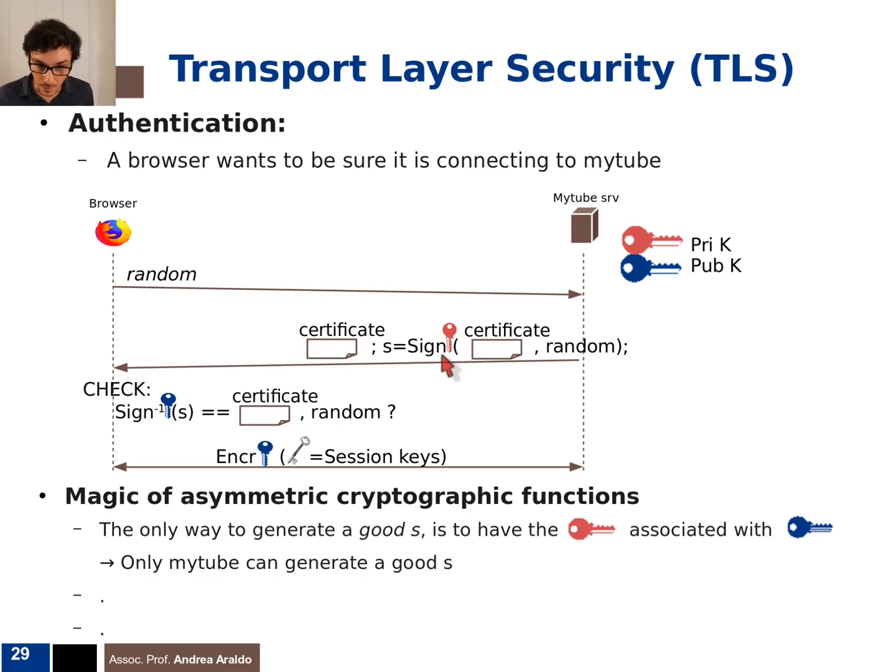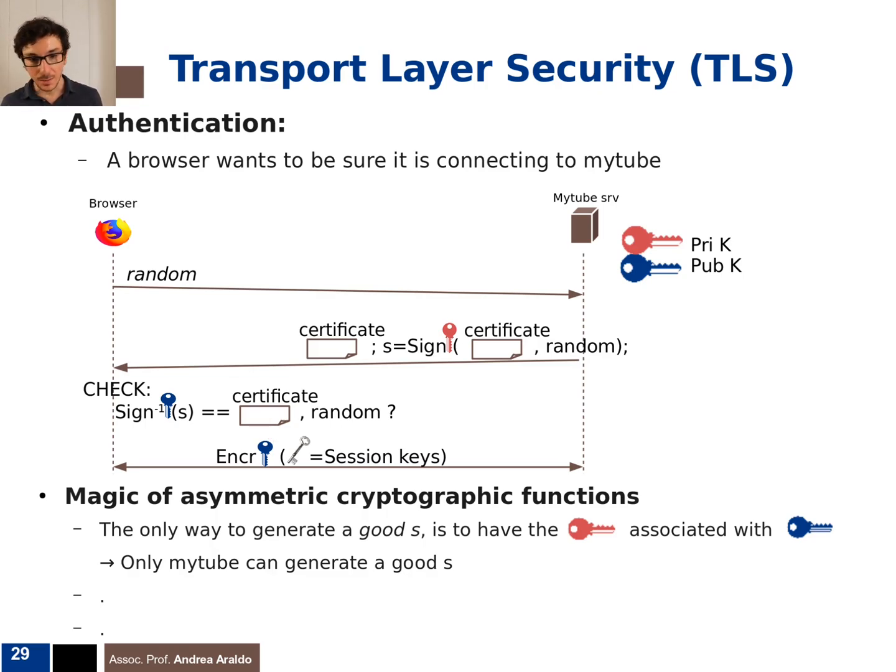Asymmetric cryptographic functions, like these, are such that if you have a pair of keys, private and public, and you sign with one and invert with the other, the inversion works. It means that after the inversion you will find exactly the same input of the original function. So if the inversion works, this is a proof that the node we are talking to is actually MyTube.